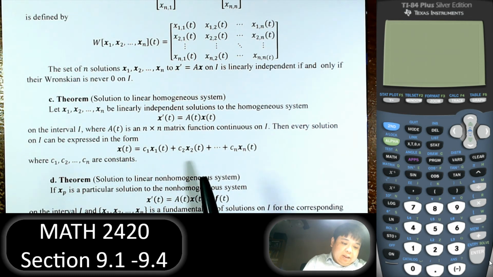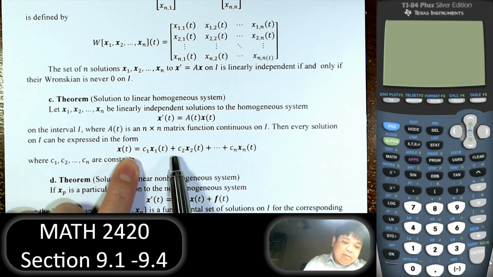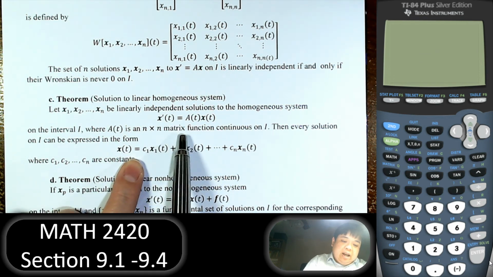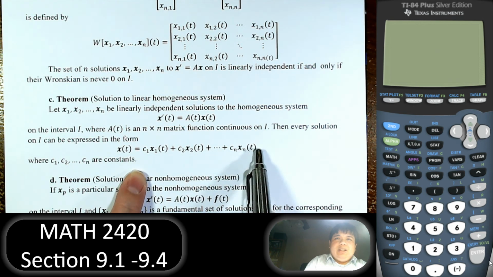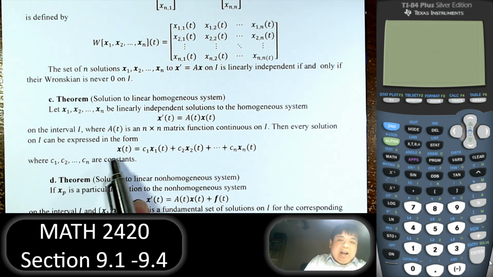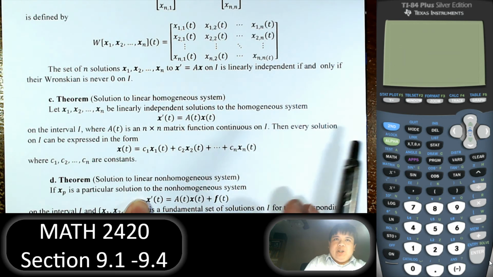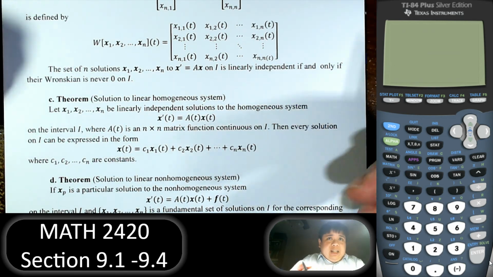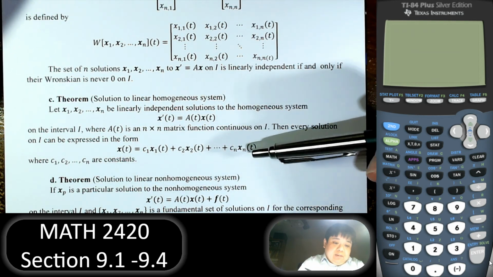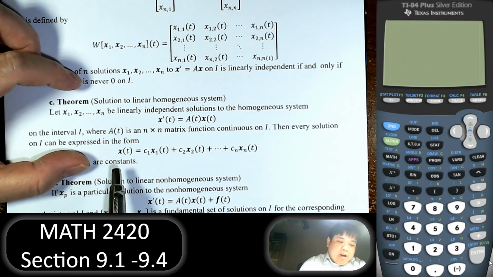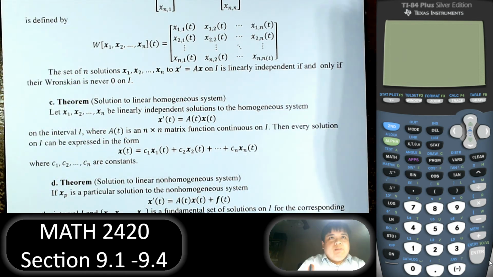And in that case, we just have the linear combination of the solutions. So this is exactly like y equal to c1 y1 plus c2 y2. So this theorem is the same, except it is in vector form. We have the boldface for the vector form. That's the only thing different.